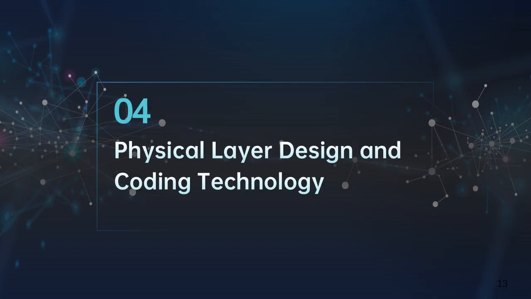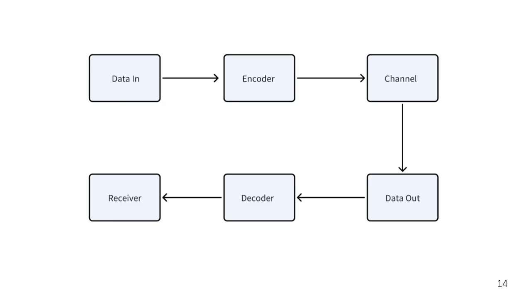Now let's move on to part 4, physical layer design, mainly focusing on the coding technology. Let's see the diagram of the physical layer data flow design, which can be broken into 6 parts. First, data input. Raw data enters the system through the input module. Then the encoder processes the data.